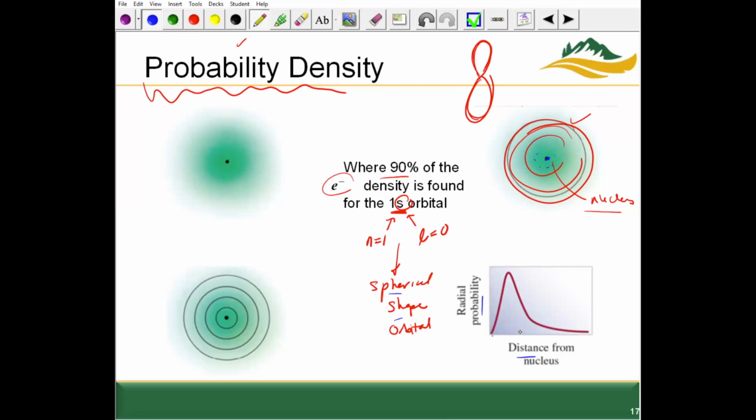The closer we are to the nucleus, the higher probability of finding an electron for a 1s orbital. Then if we're further from the nucleus, then we have less probability of finding an electron in that location. This is what's known as describing the probability density, or where we might find an electron around the nucleus.